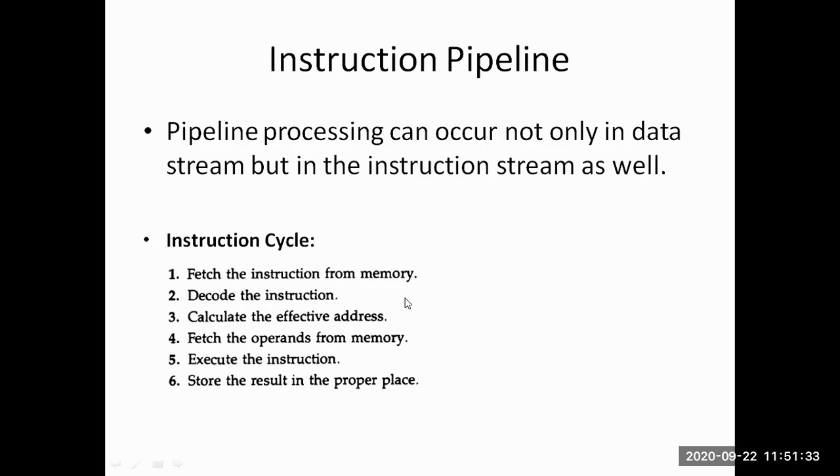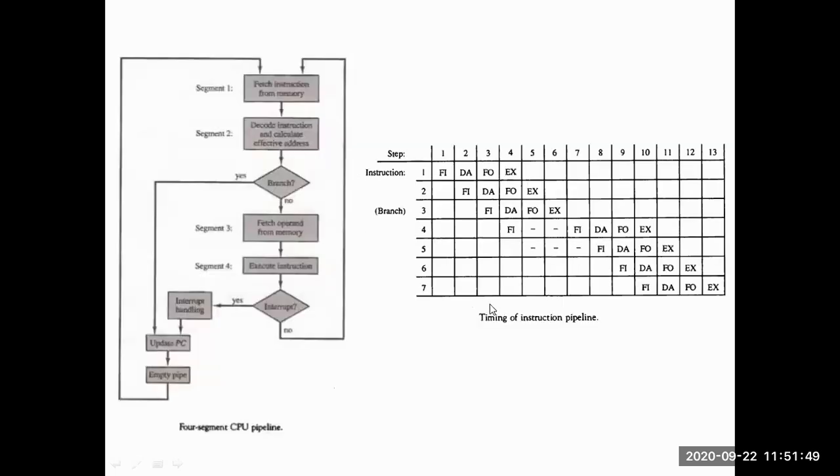And in a number of cases we can assume that this can be briefed up into four phases only. Fetching will be the first phase, and the second and third phases will be combined.